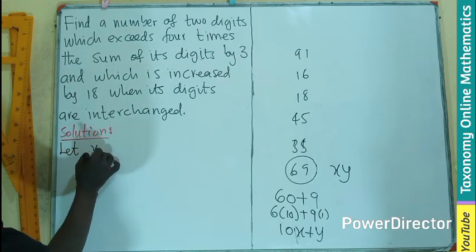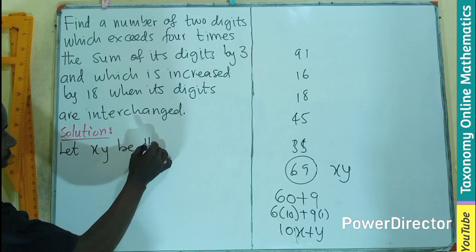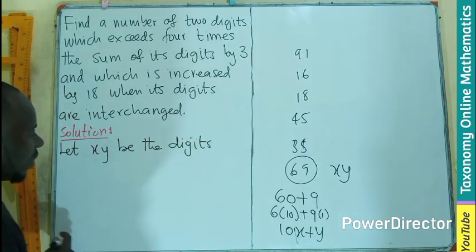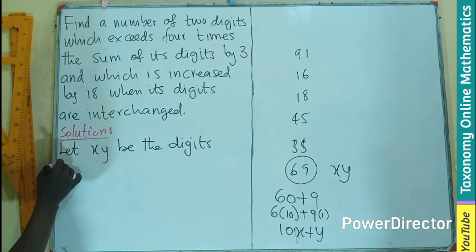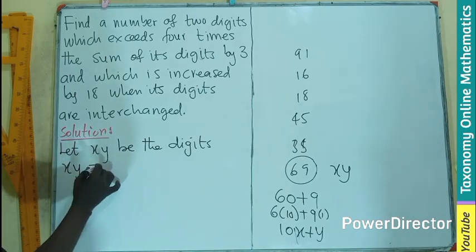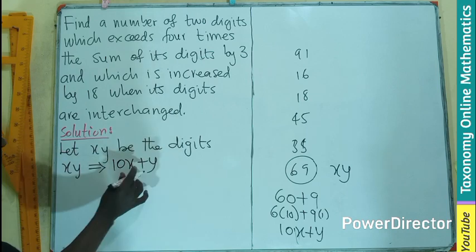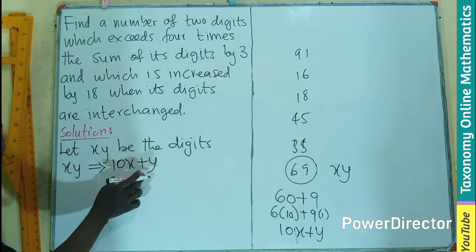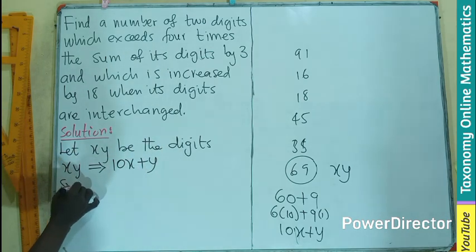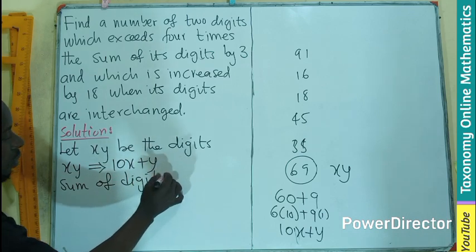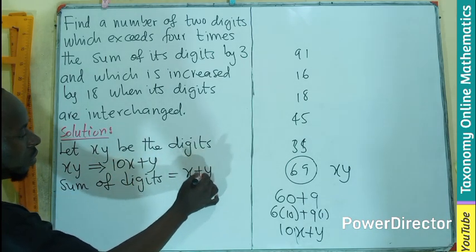So we let xy be the digits. Then xy is the same as 10x plus y as the number. The sum of the digits is x plus y.